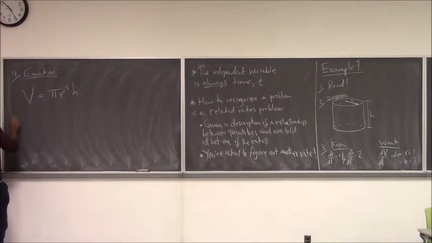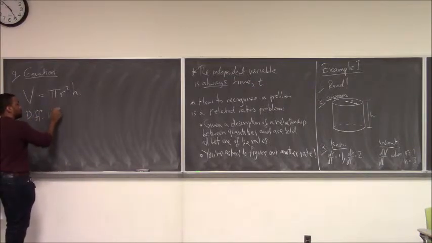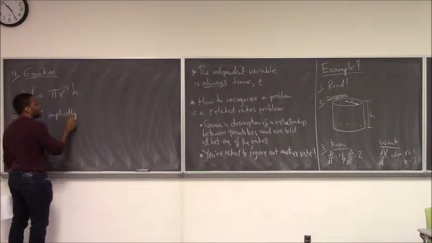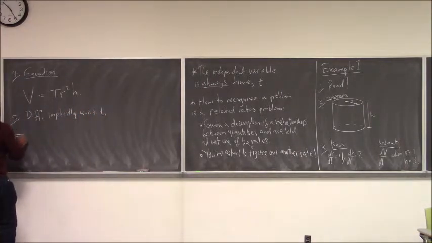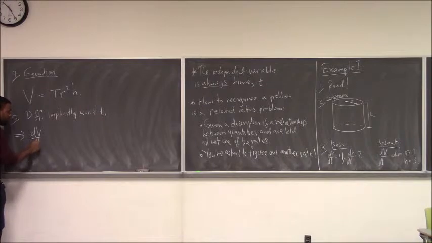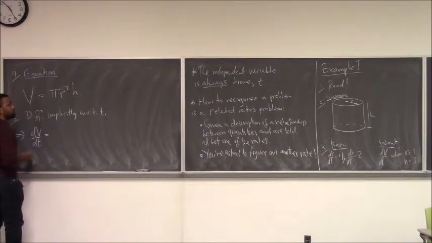And so now, step 5, we're going to differentiate implicitly with respect to time. Which means differentiating V, I would get V prime, or let's specify dV/dt. How do you differentiate this?